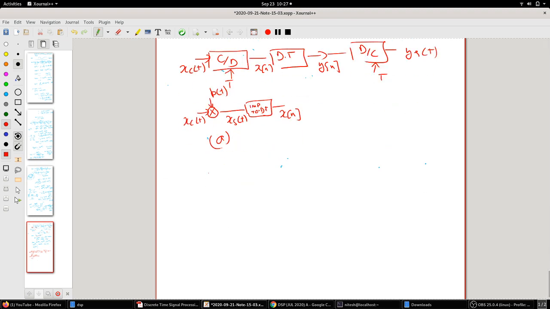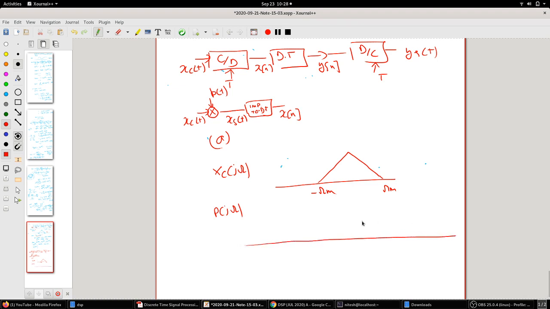So now x continuous of j omega is this guy here, from minus omega m to omega m. Okay, this is x continuous of j omega. Your p of j omega, which you have done a lot of times, let me rescale it first properly so it becomes easier to visualize.